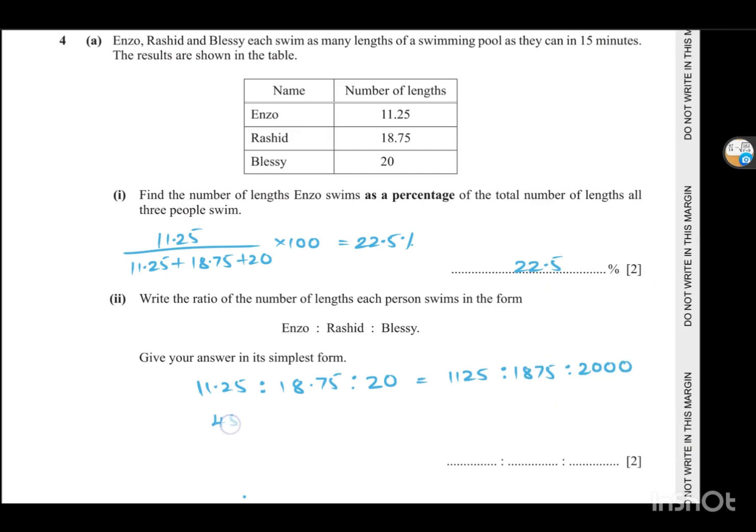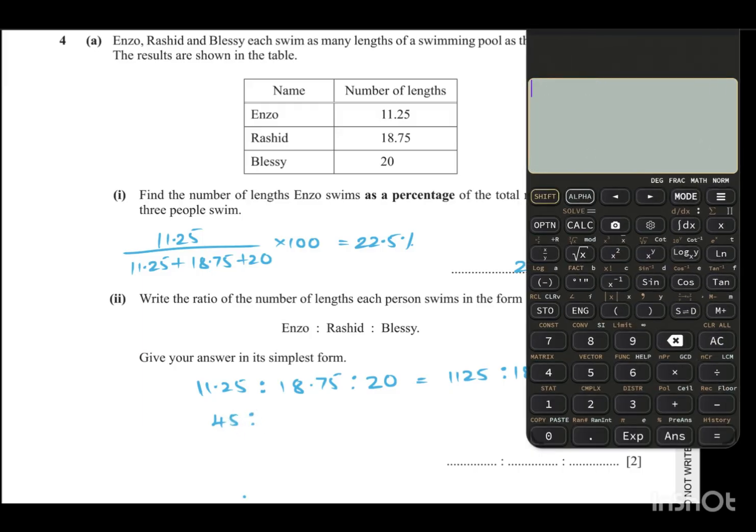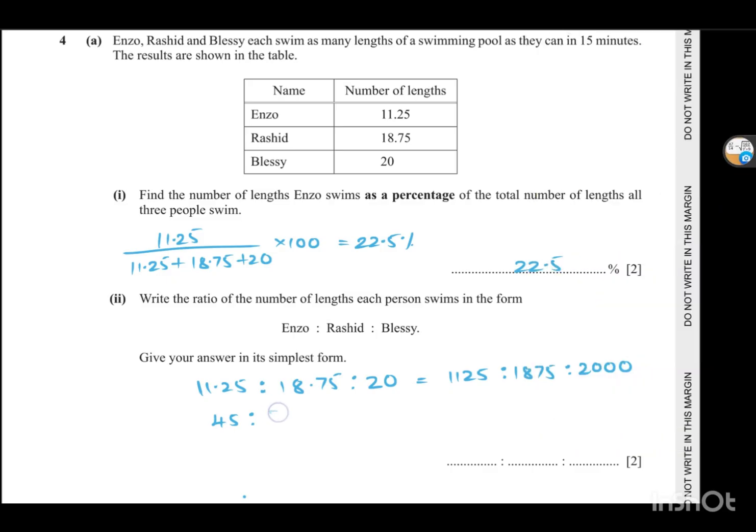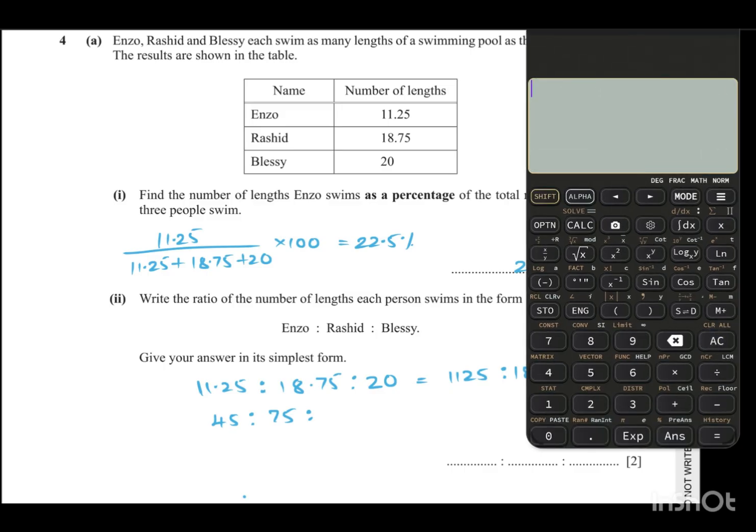So 45 is to... Let me check whether it is divisible by 25. The next one, 1875 divided by 25, is 75. Okay, so 75, and then 2000 divided by 25 is 80.